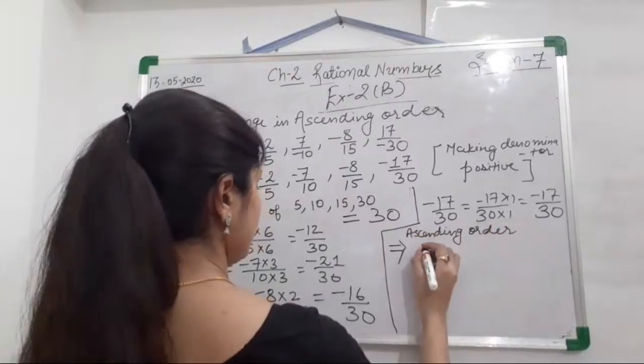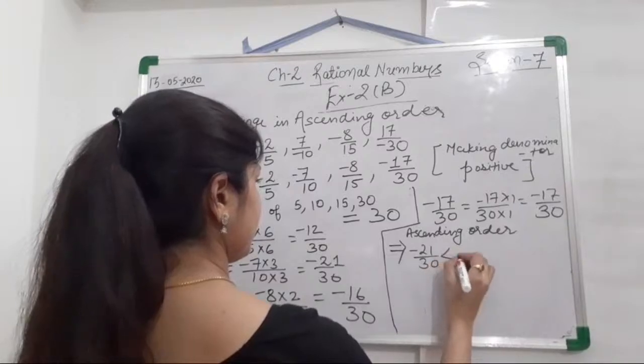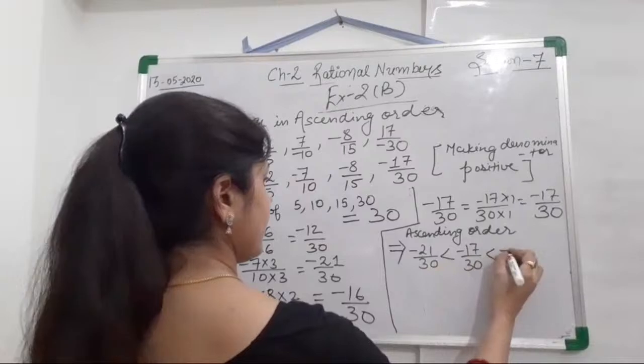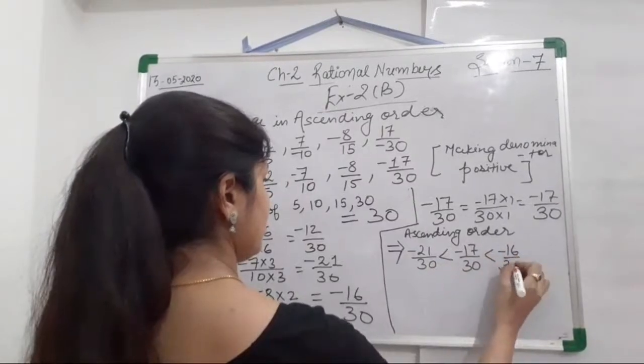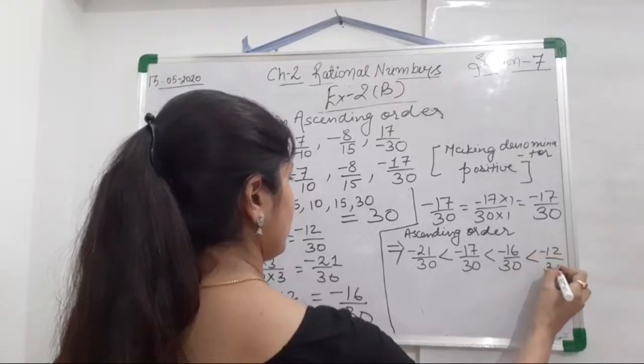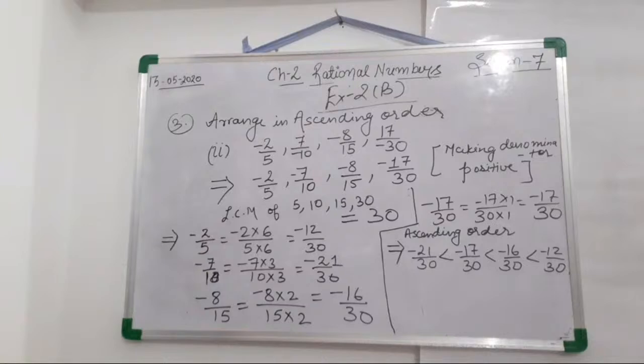So first will be minus 21 upon 30, then minus 17 upon 30, then minus 16 upon 30 and then minus 12 upon 30. Okay, so these are the numbers which you got from your solution while taking out the LCM.